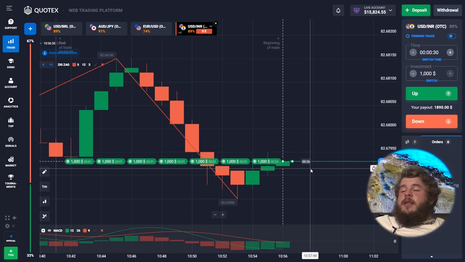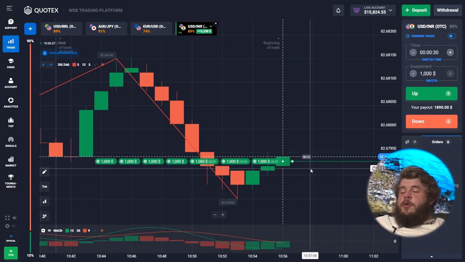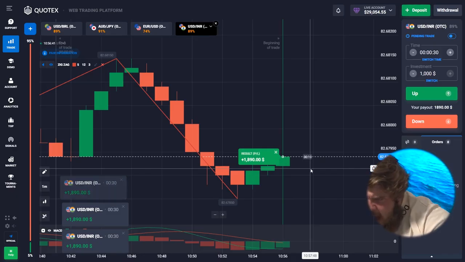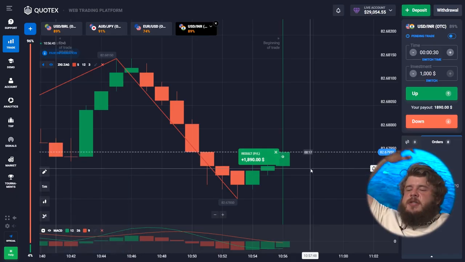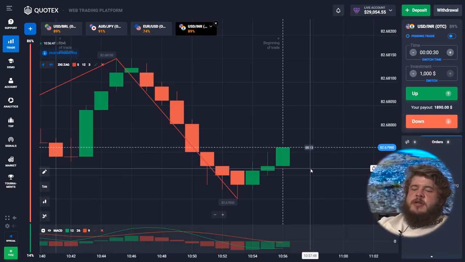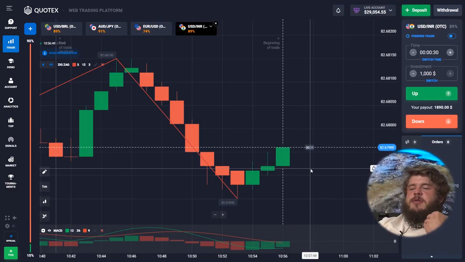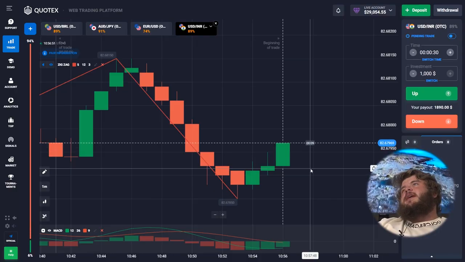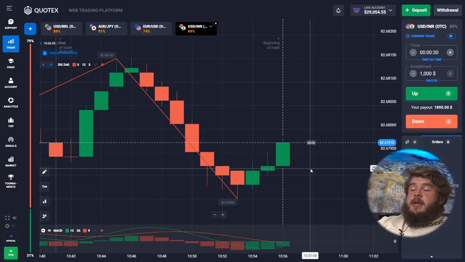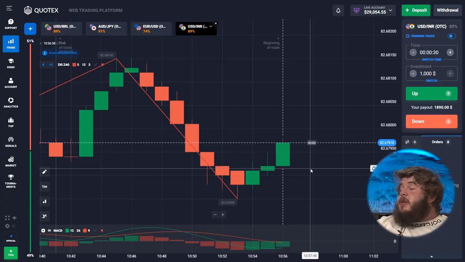Just look, on one currency pair, on one chart, we have just earned so much money. Oh my god, 29,000, just from $22 in the very beginning. This is more than 1,000% in one trading session. That's amazing. That's really cool, guys.